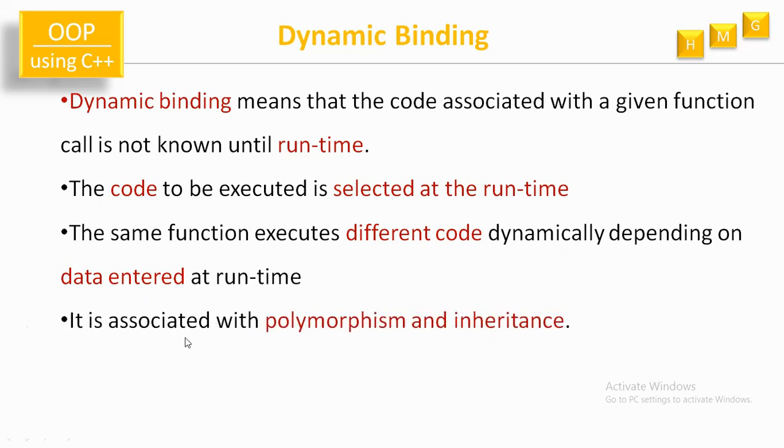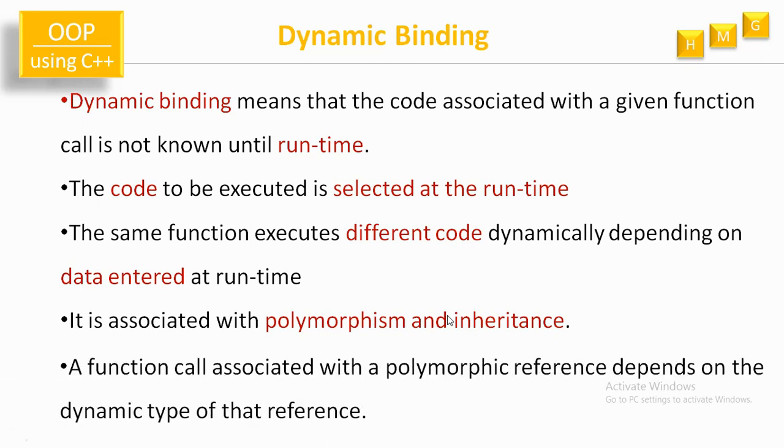It is associated with polymorphism and inheritance. So this concept can be said to be part of polymorphism and inheritance. A function call associated with a polymorphic reference depends on the dynamic type of that reference. The same thing is explained here again: the function call associated with a polymorphic reference.